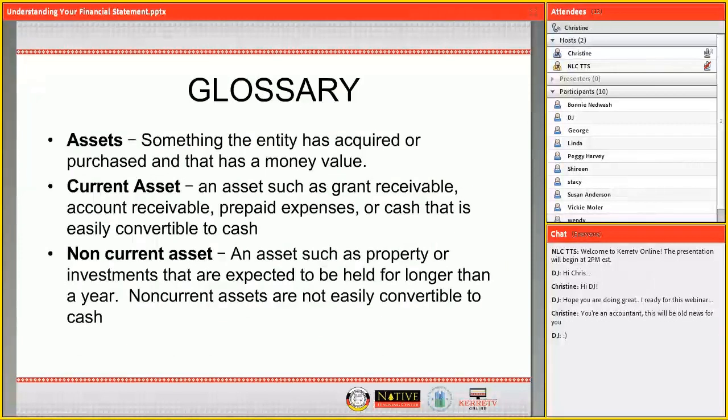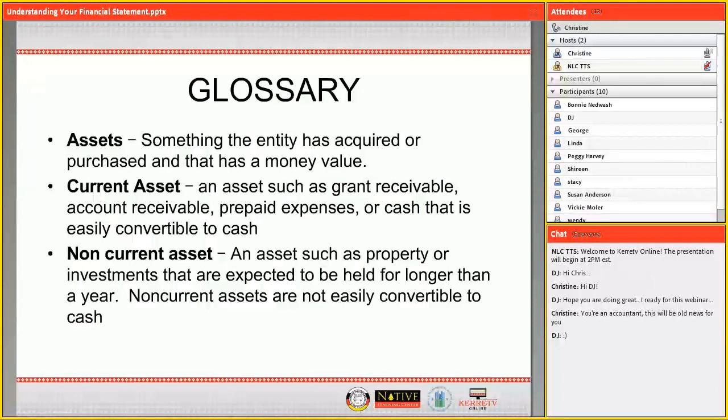I'm going to talk about some of the basic terms here. Assets: something that the entity has acquired or purchased, and it has some kind of monetary value. A current asset is an asset such as a grant receivable, account receivable, prepaid, or cash that is something you could easily convert to cash.